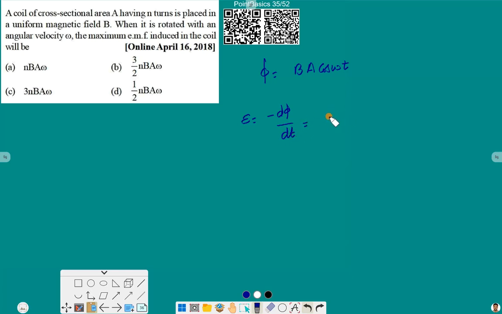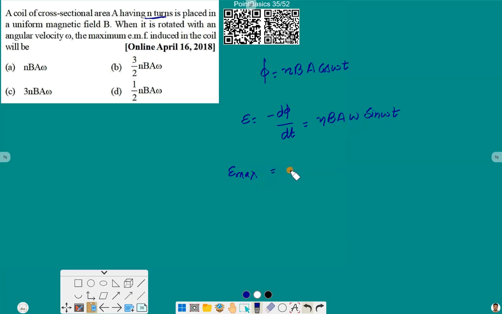So it will be B A omega, and it has n turns. So we will have n additional here, so it will be n B A omega. Derivative of cos will be minus sine, minus will be positive, sine omega t. So the maximum value of EMF will be when sine omega t is equal to its maximum value, that is 1.